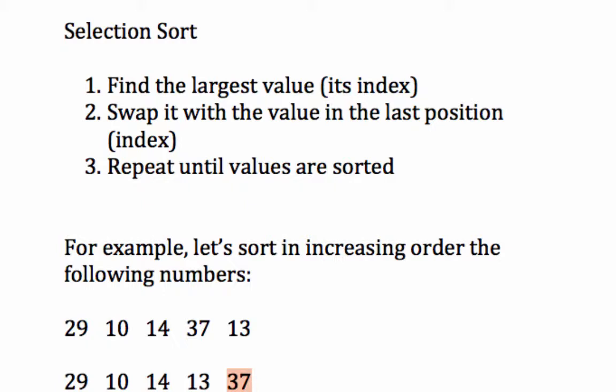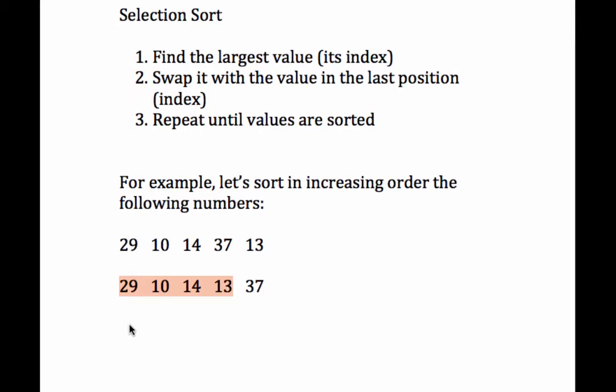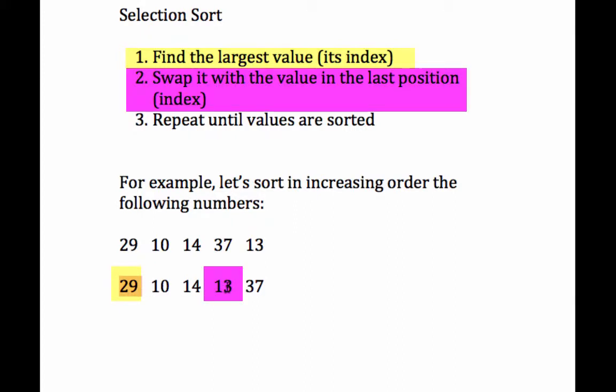Now I need to repeat the same 2 steps for the other 4 values that are not sorted. So let me do that. Again, the first step is to find the largest value, which is 29, and then I'm going to swap that with the value in the rightmost position, which happens to be 13.